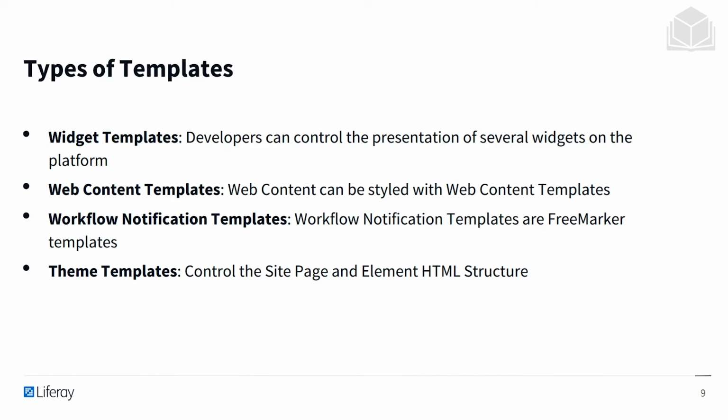You can use web content templates to style different web content if you wanted to display it a certain way. Workflow notification templates are simply FreeMarker templates. And then theme templates, they control the site page and element HTML structure. And so if you wanted a header bar or a footer bar displayed in a certain way, you wanted to show a certain thing on all of the pages of the site, you can use a theme template.